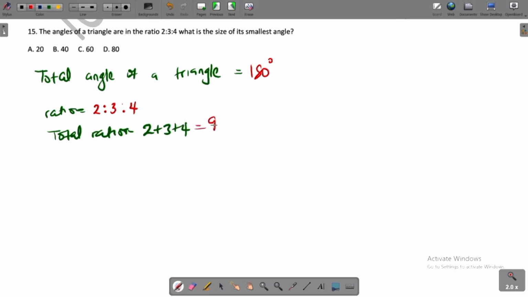You have 9. That's the total ratio. Now we are asked to find the size of the smallest angle. So you just pick the smallest ratio here. This is the smallest ratio here.